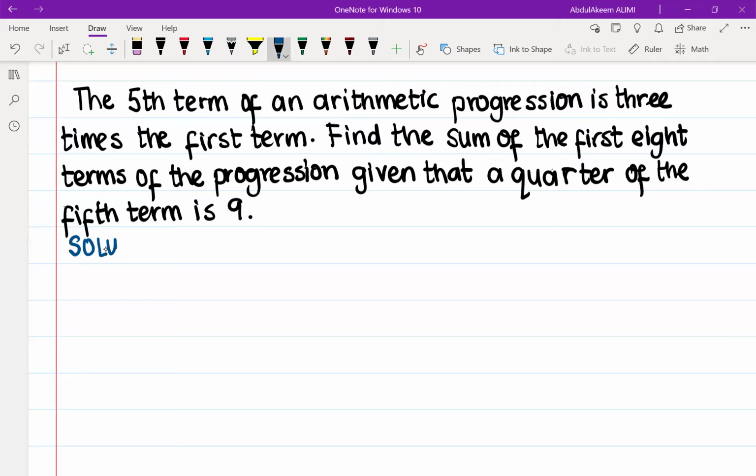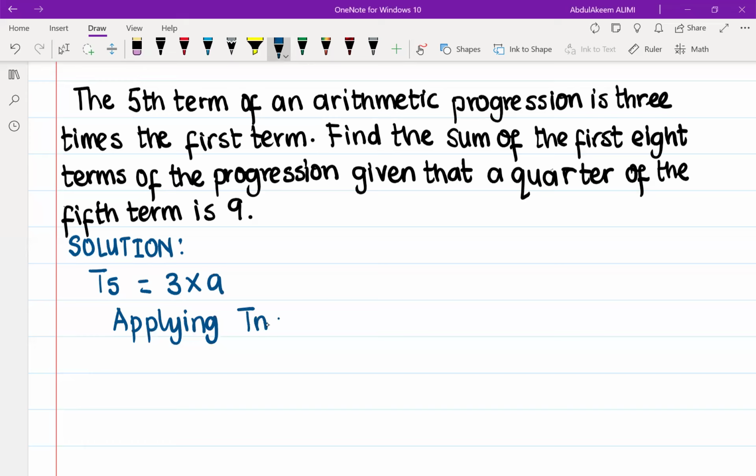The first thing we are going to do is write out our parameters. The fifth term of an arithmetic progression is 3 times the first term. So for this one, we'll be applying Tn is equals to what?